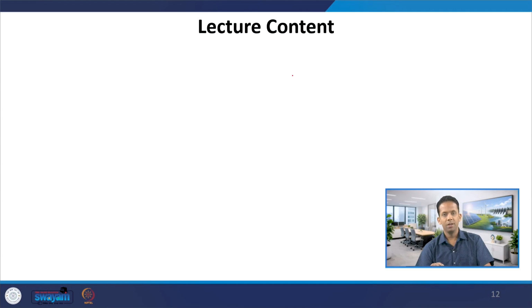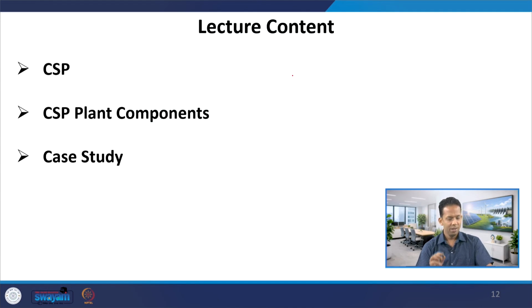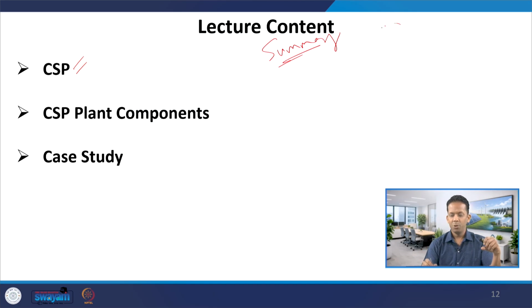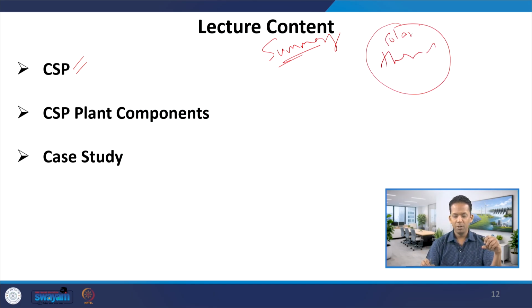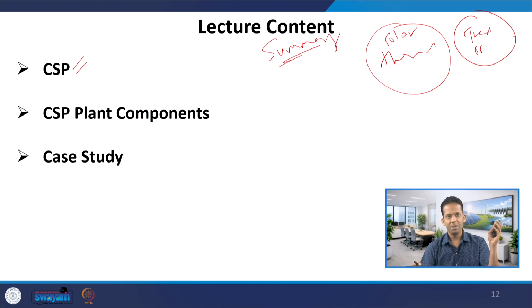So I think that was all. To summarize, what we covered in today's lecture was the concentrated solar power plant. We saw different components of a solar thermal power plant. There are some components which are specific to the solar thermal side, but there are other traditional power plant components which are mandatory, and those are also parts of CSP.